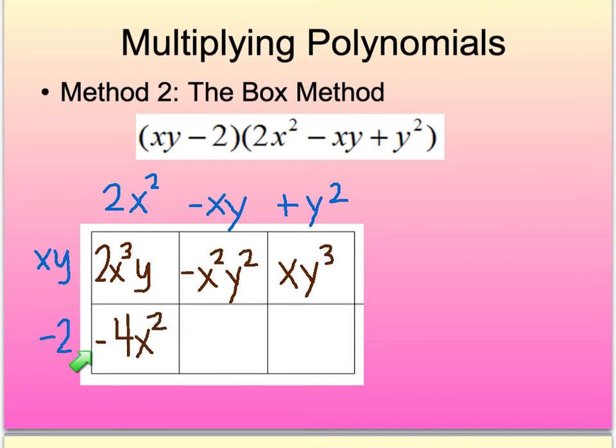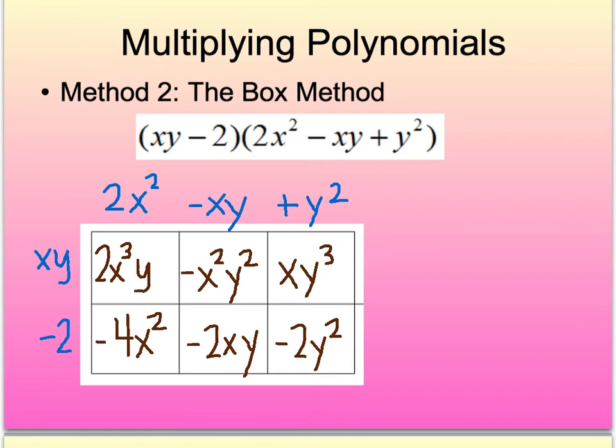Next, I have negative 2 times negative xy, and that's negative 2xy. And finally, in the last box, I have negative 2 times positive y squared, which is negative 2y squared.